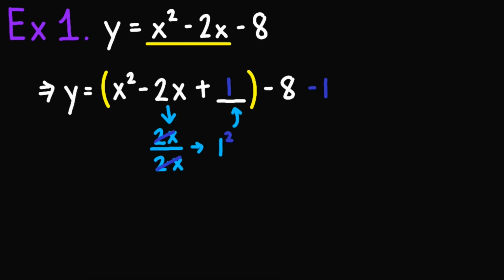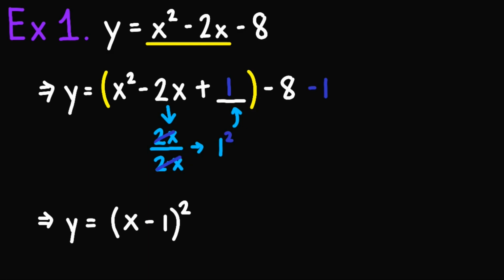And so now, given this, we know that y is equal to, applying perfect square trinomial, take the square root of this one and copy this sign. So we'll have x minus 1, squared.